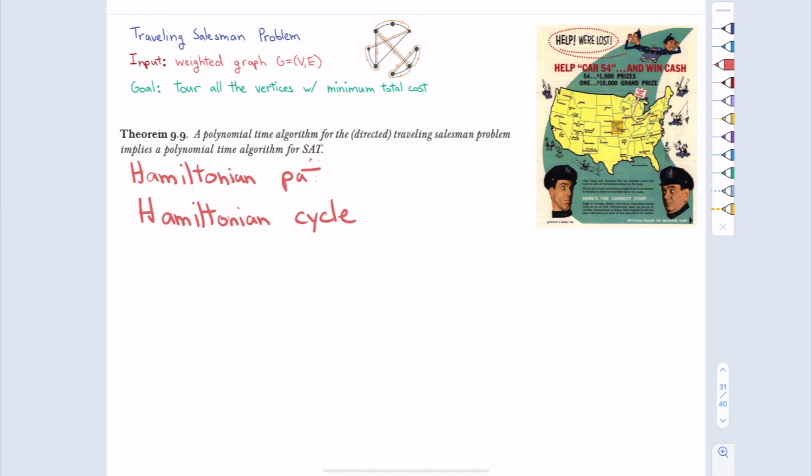Hamiltonian cycle is just like Hamiltonian path, except you now start and end at the same place, and otherwise you visit each vertex exactly once. Now, given a Hamiltonian cycle problem, you could turn it into a TSP problem with unweighted edges, and see if there's a way to find a tour with only n total edges, which is the minimum. And if there are n total edges, then you can solve the Hamiltonian cycle and solve the Hamiltonian path. So that's the basic idea.